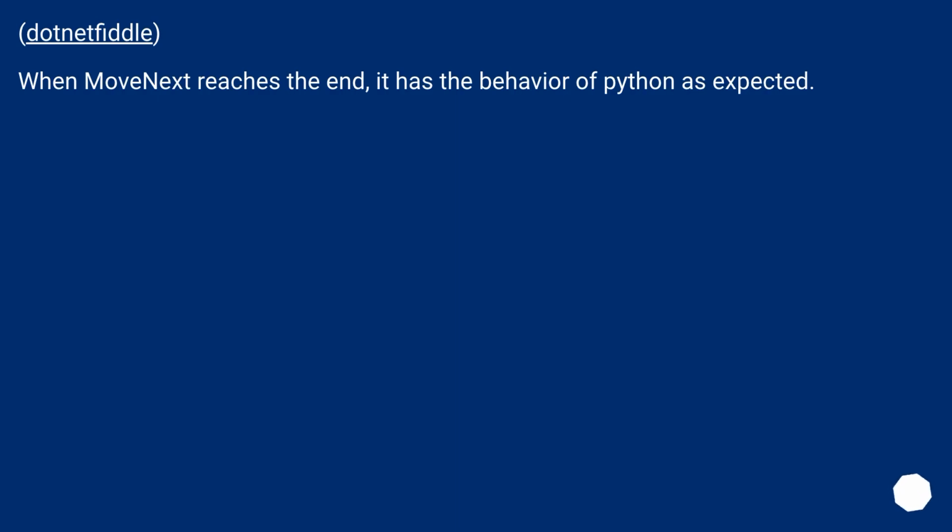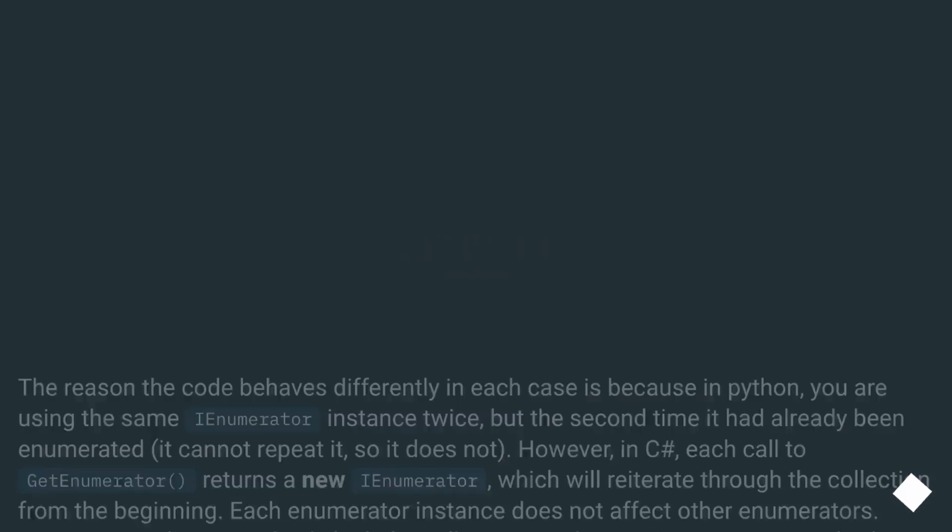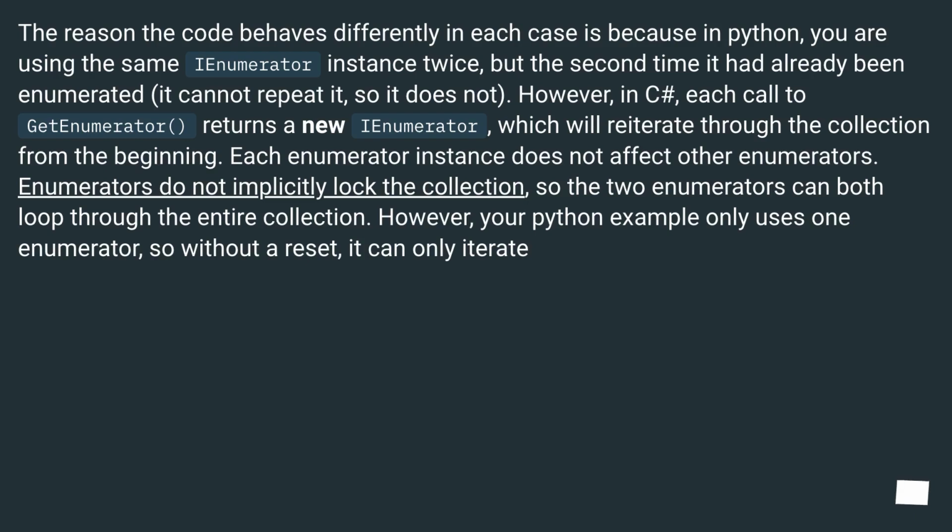As an example, here's the code again using an enumerator. In .NET Fiddle, when MoveNext reaches the end, it has the behavior of Python as expected. The reason the code behaves differently in each case is because in Python, you are using the same IEnumerator instance twice, but the second time it had already been enumerated, it cannot repeat it, so it does not.